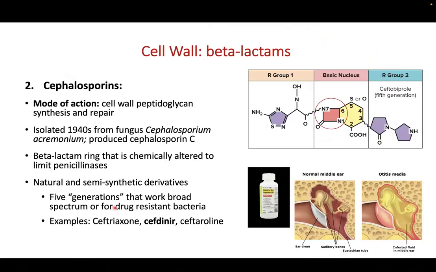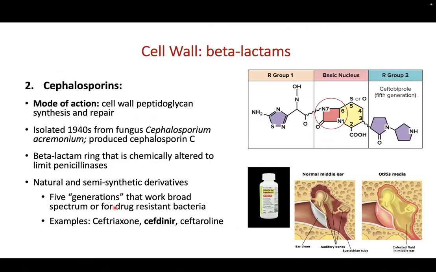So the next class of antibiotic is cephalosporins, and the mode of action is to also target the peptidoglycan synthesis and repair. It was first isolated in the 1940s from fungus, and what it does is basically alter the ring of the penicillinase.